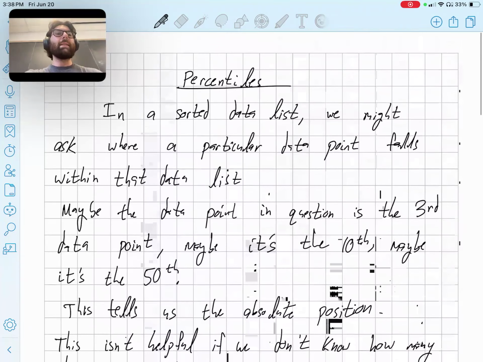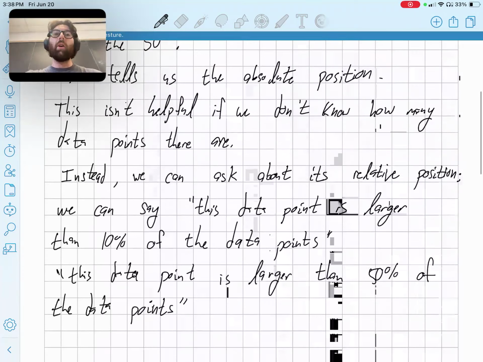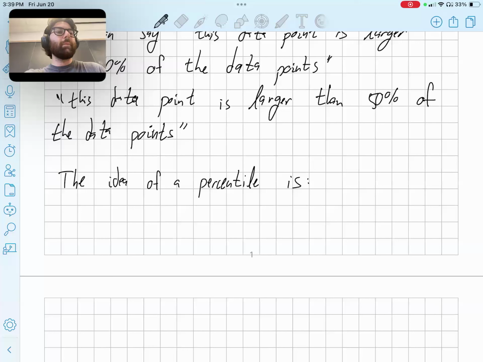And so this leads us to the idea of a percentile. A percentile is not the same as a percentage, although they are related. The idea of a percentile is the following.